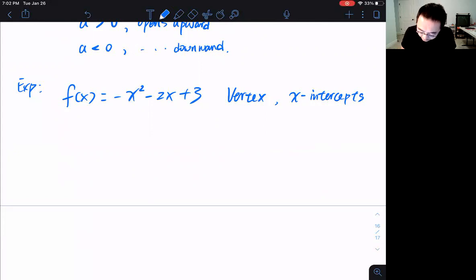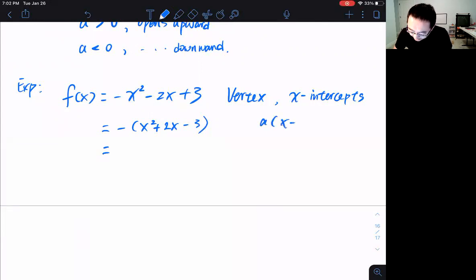So this equals negative of (x squared plus 2x minus 3). Everybody with me so far? We want to change this into the format of a times (x minus h) squared plus k, because if we can get the function into this form, the vertex would be very easy to identify.